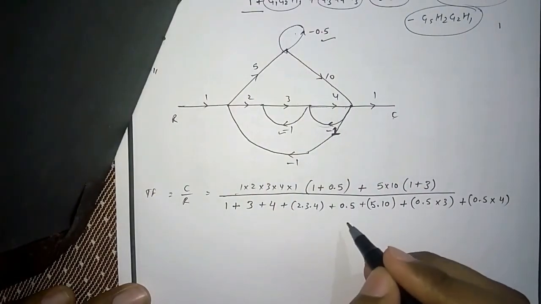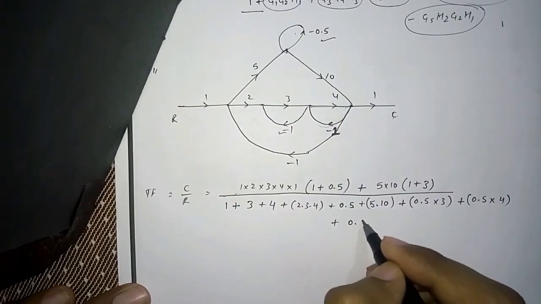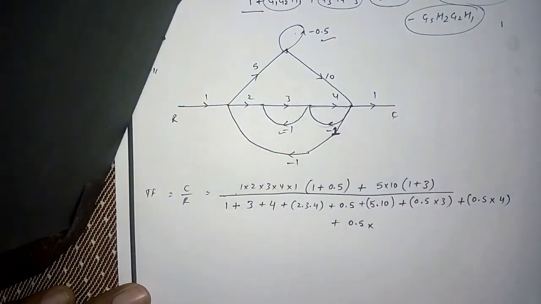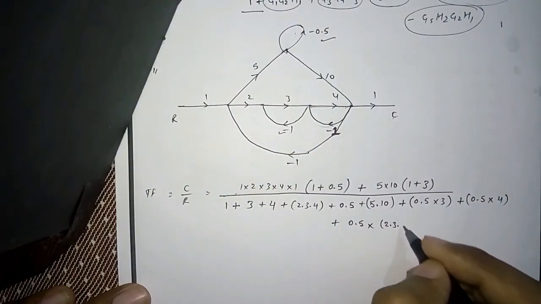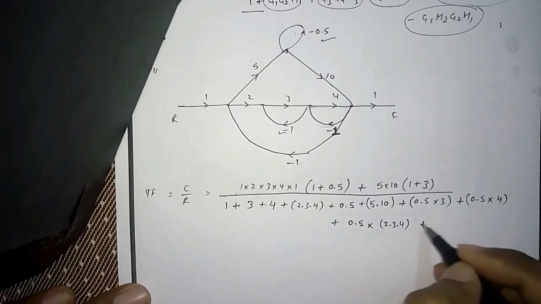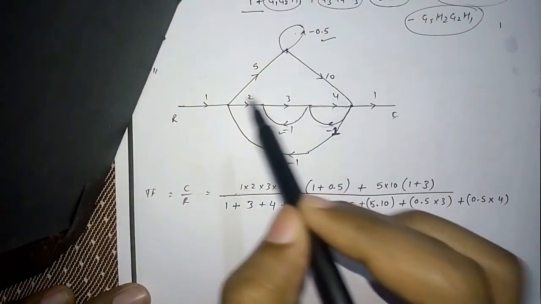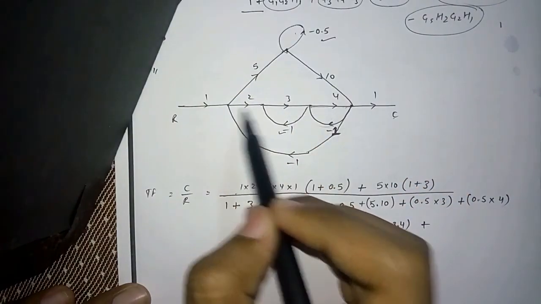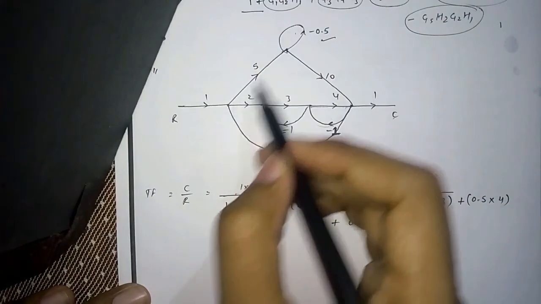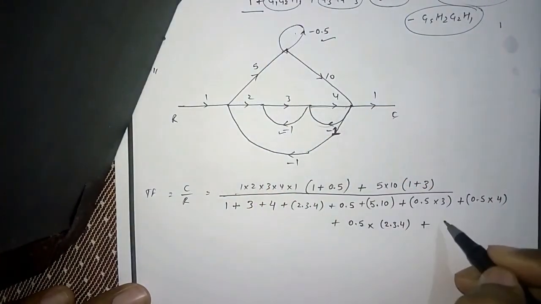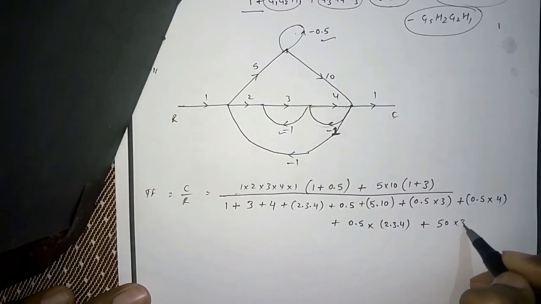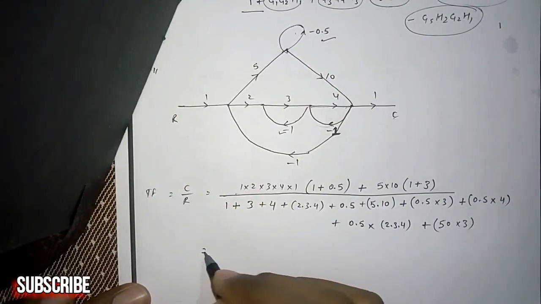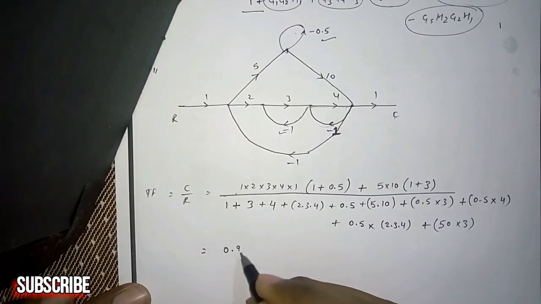And then we have plus 0.5 into this loop 2 3 4, plus we have these loops 50 and 3, 50 into 3. So this is the final transfer function, guys. हम इसे जब सॉल्व करेंगे then we are gonna get 0.95.